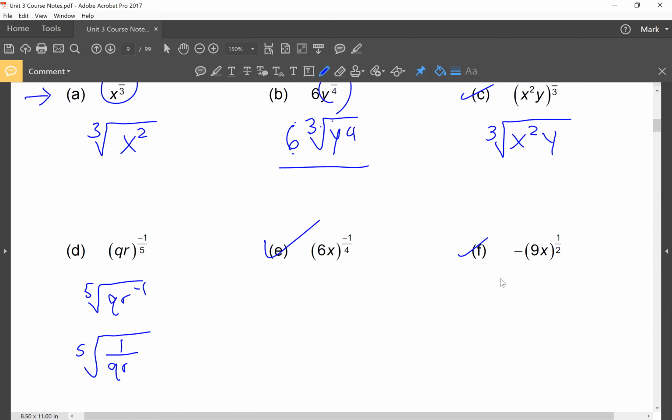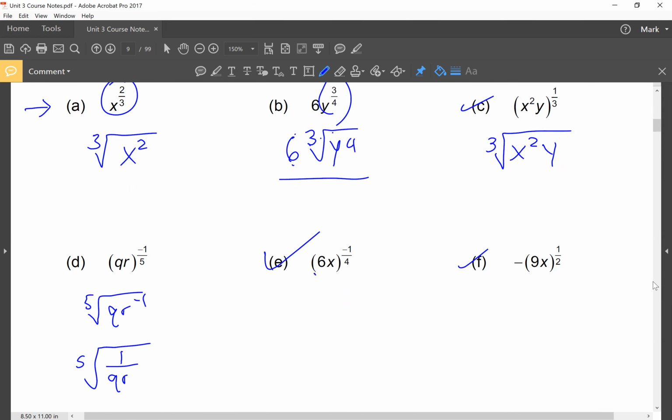For E, a little bit more work here. Again, there are brackets, so I'm going to take the, I don't know what to call this. I want to say square root, but it's not square root and it's not cube root. It's a root with the power of 4 inside. Not 6 over x, because there's 1 over 6x. There are brackets here, so I'm going to write 1 over 6.